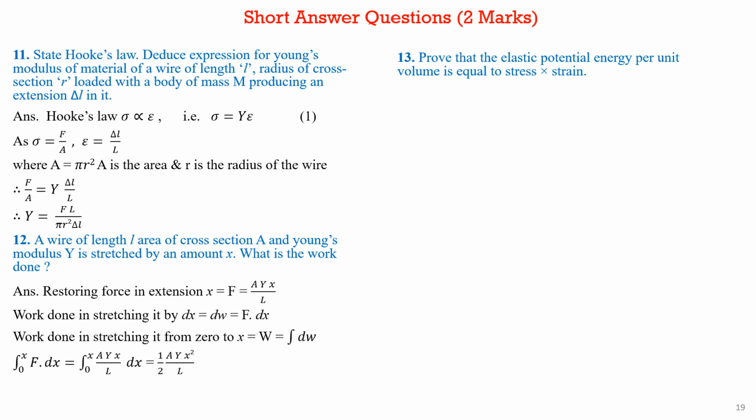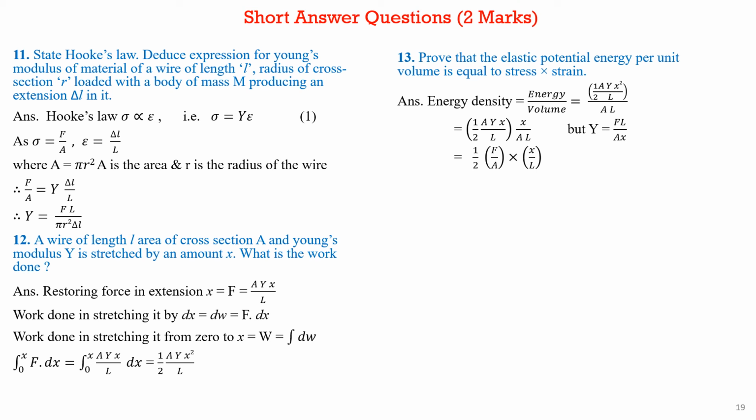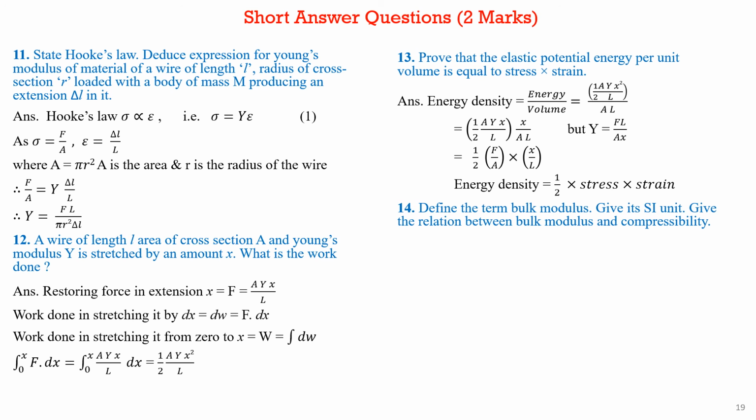Prove that the elastic potential energy per unit volume is equal to half into stress into strain. This is also a worked example in theory part, and the explanation is also given. However, the answer you can pause and note down in this video.